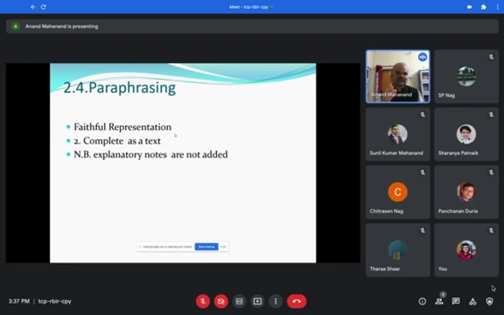You need not and you should not add anything of your own. You have to write in your own words, but it should be exact. Whatever is said in the original text, you have to say the same thing, but in your own words. No extra notes are added. Explanatory notes or anything are not added. Okay. So that is called paraphrasing.